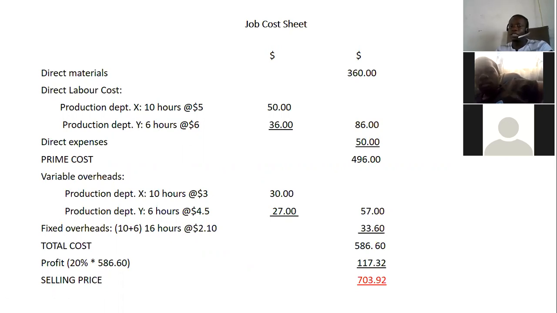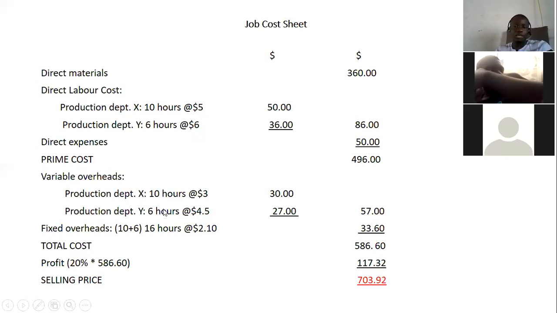Do not forget that when we found the labor cost for production department X, after finding the rate, we multiplied the rate, which is 3, by the 10 hours given to us in the question.